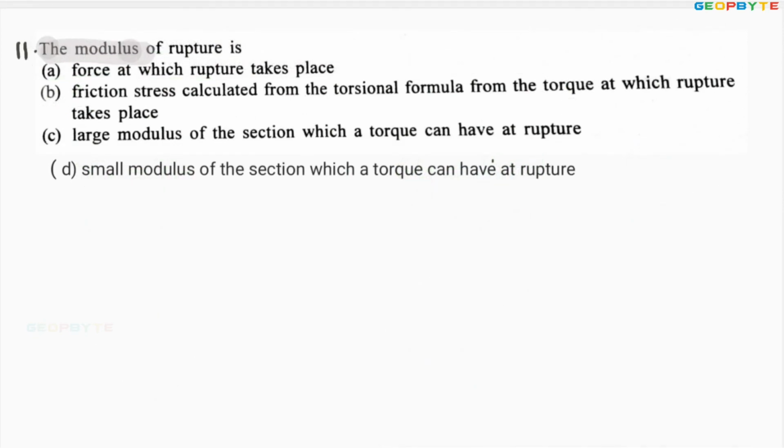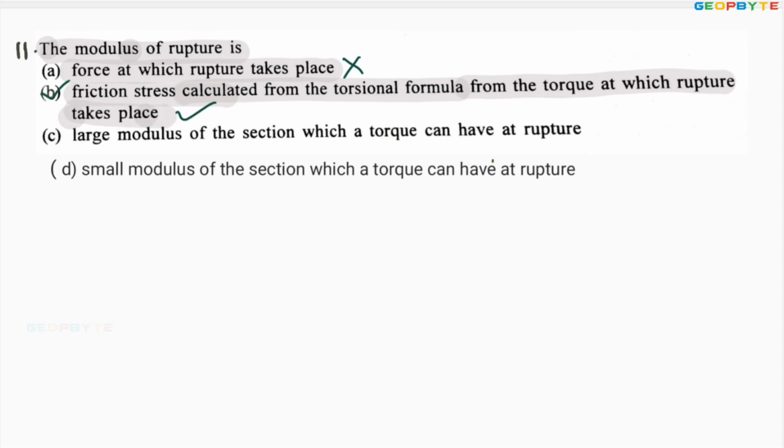The modulus of rupture is option A, force at which rupture takes place? No. Option B, friction stress calculated from the torsional formula from the torque at which rupture takes place. Absolutely correct.